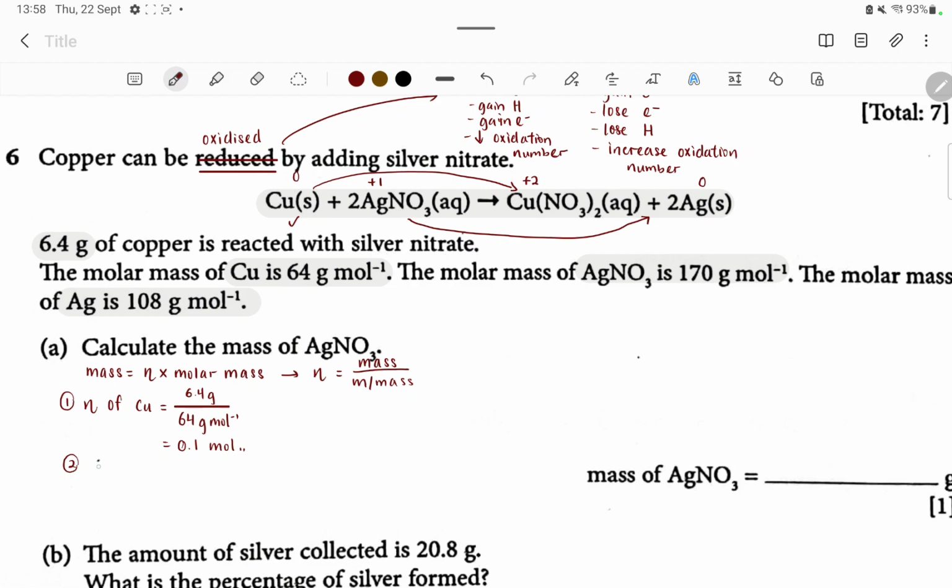From the equation, 1 mole of copper is to 2 mole of AgNO3.